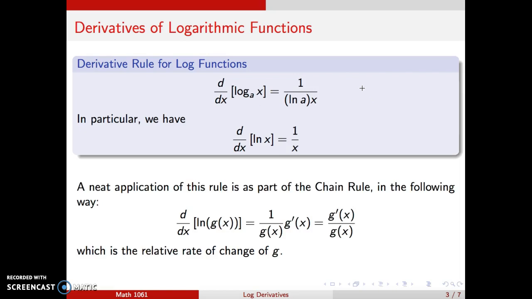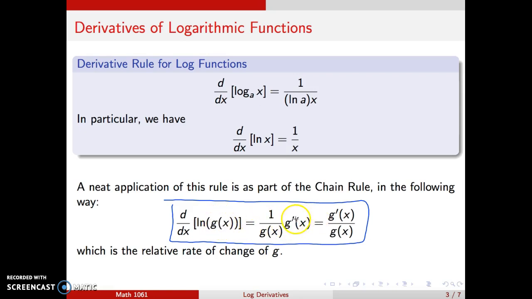As a side note, a neat application using the chain rule with this rule is the following. The derivative of natural log of a function g, assuming you know where it's defined, would be 1 over the function times the derivative of the function using the chain rule, because g is the inside function.